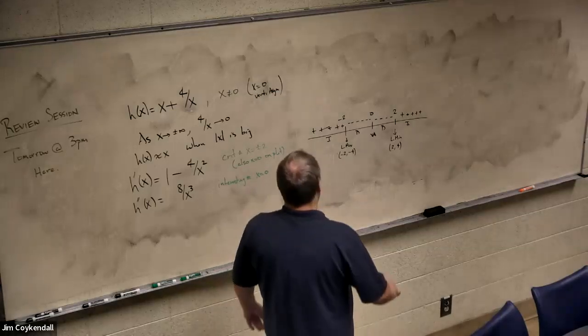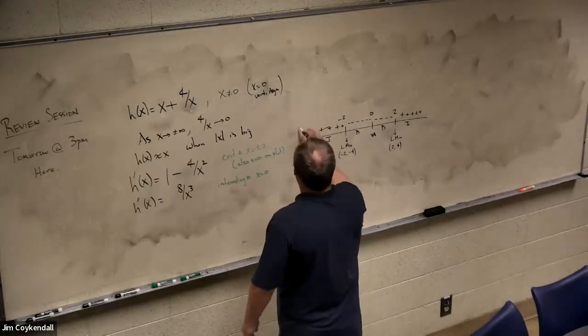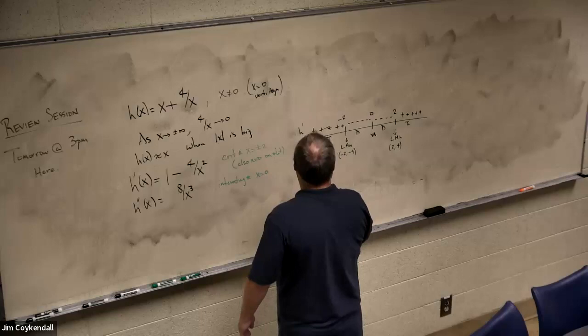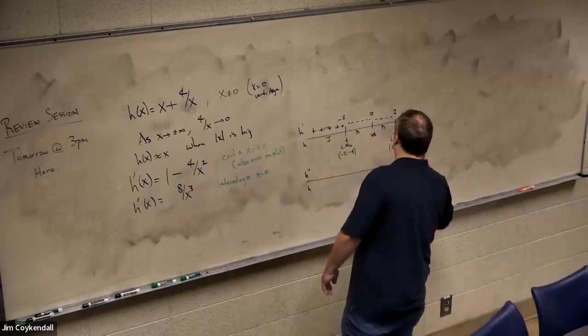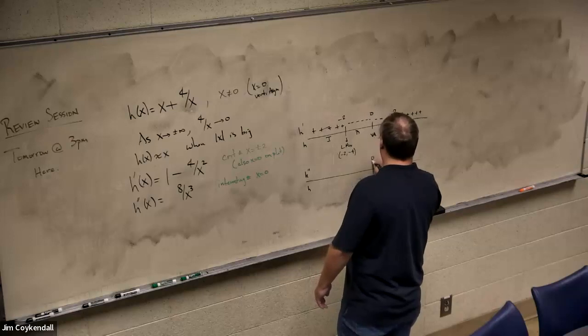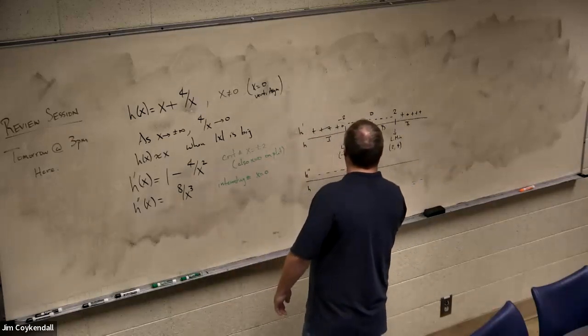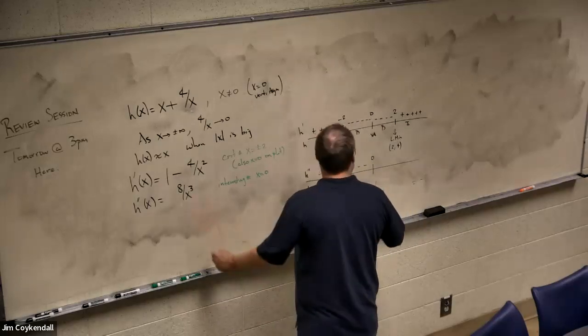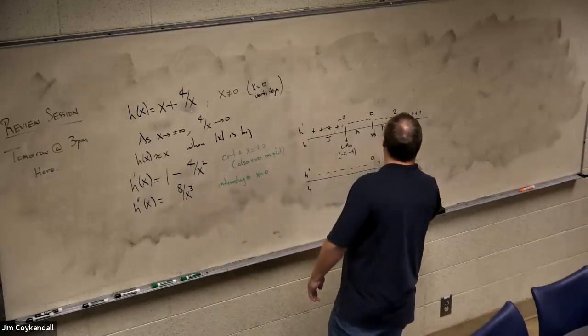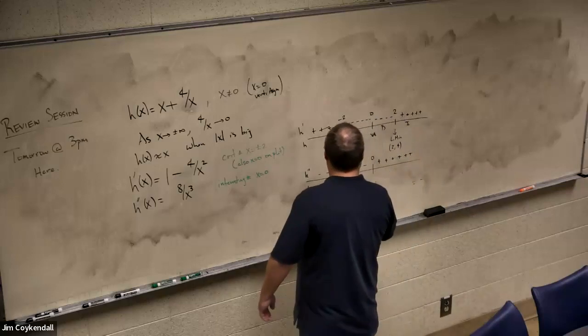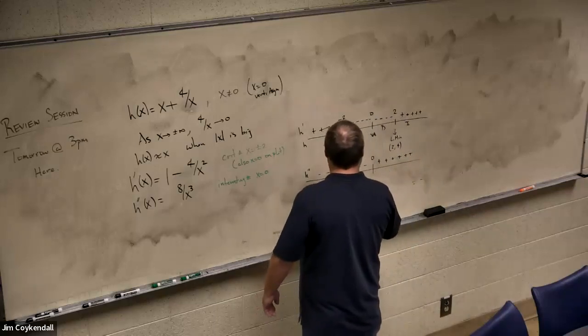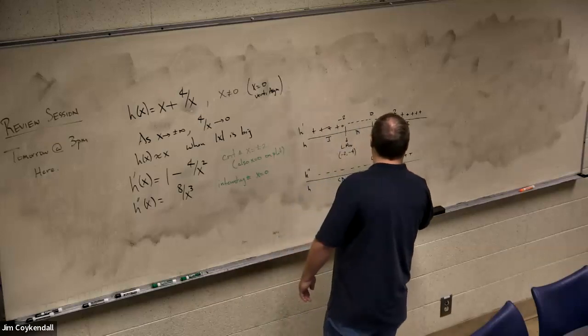Let's look at the second derivative. When x is negative, it's negative. When x is positive, it's positive. So we have concave down, then concave up.